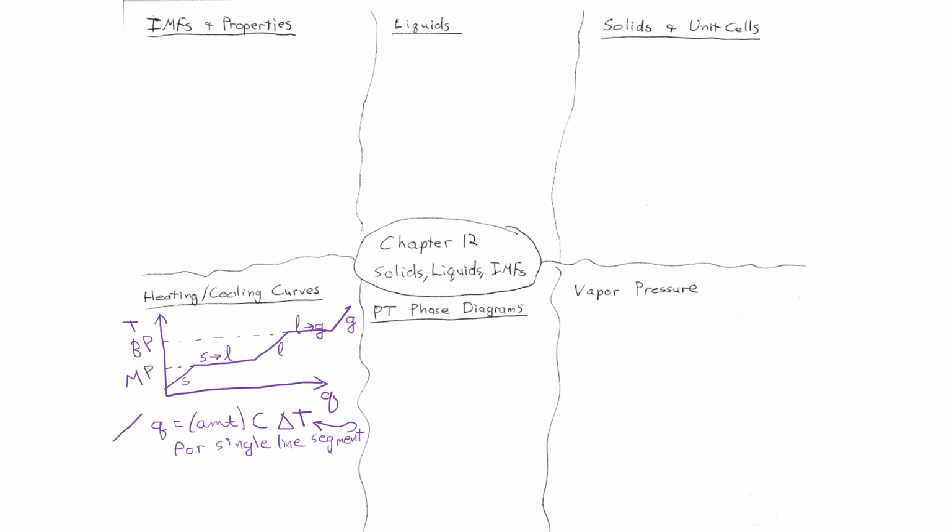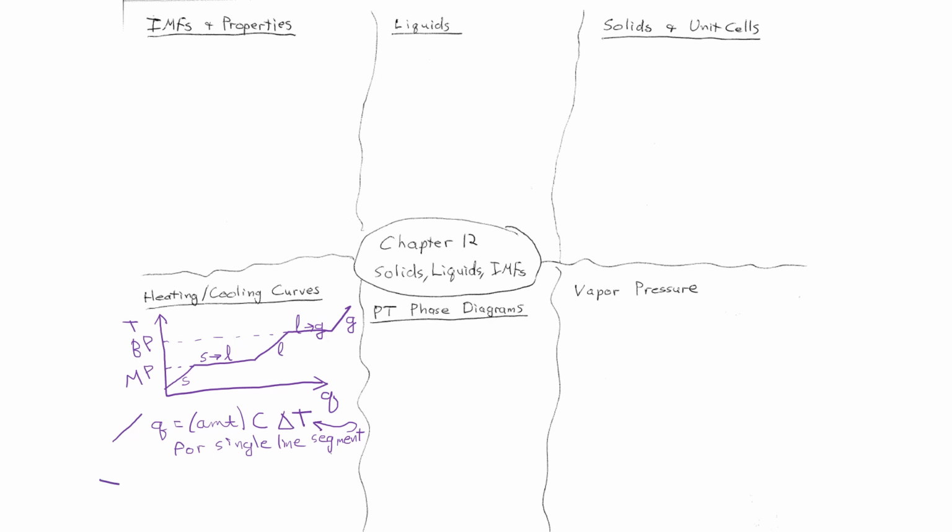One of the most common mistakes I see is that people will use delta T as their absolute beginning temperature and absolute ending temperature for the entire problem. If more than one line segment is involved, that's not going to be the right number for delta T. You want delta T to be just the change in temperature for that single sloped line segment.